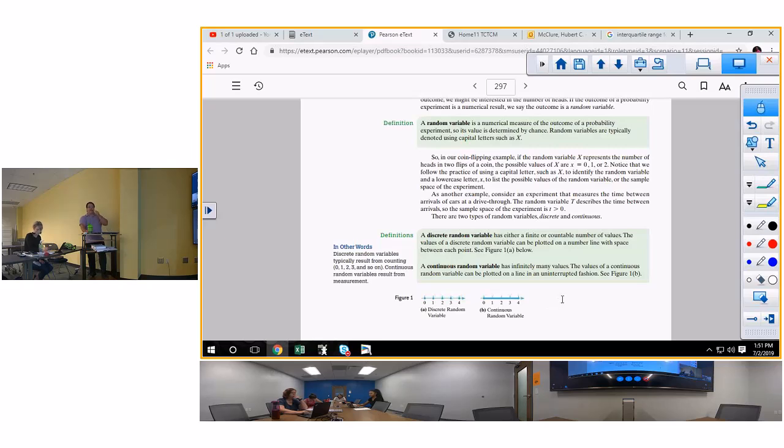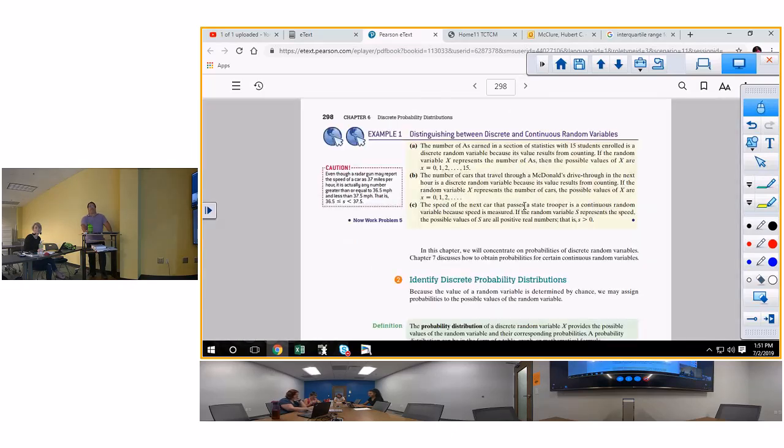Versus, how tall are you? 5 feet, 5 inches. Okay? That's in between 5 and 6. So make sure you write that down because this section is based on whether it's a discrete or a continuous random variable. And basically what we're going to be doing is figuring out the mean and the standard deviation of a probability distribution.